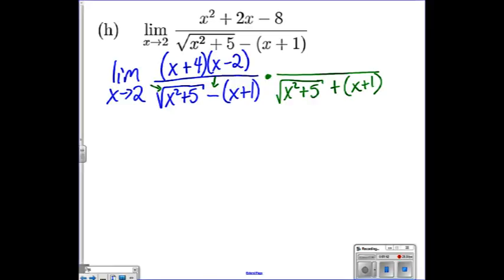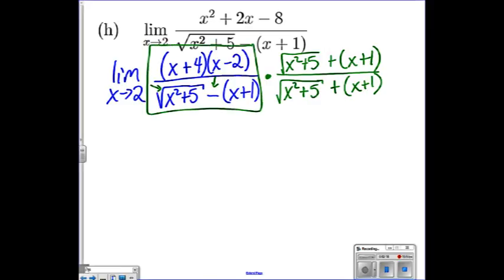So because we've done that on the bottom, we also have to do that to the top. And again, the reason why this works is because you're taking this entire rational function and multiplying it by, really, this whole thing is just 1.